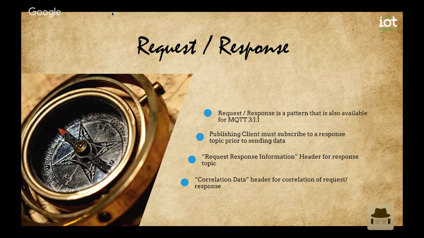So what you can do here is send metadata like request response information. A publisher can send a message, and it can also send metadata: hey, dear receiver, I expect an answer for this publish on another topic.